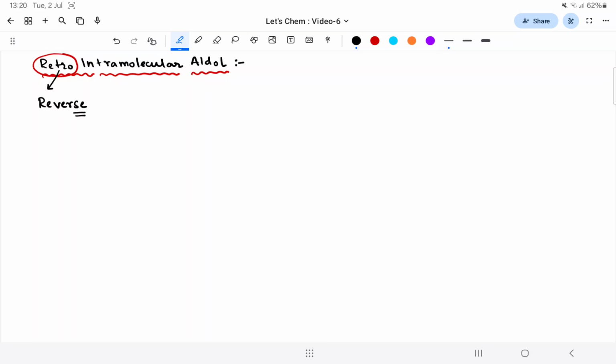In this case, you will be given a product, and from the product you have to find which reactant underwent this so-called aldol reaction to get this final product. For example, let's say I take a compound like this.